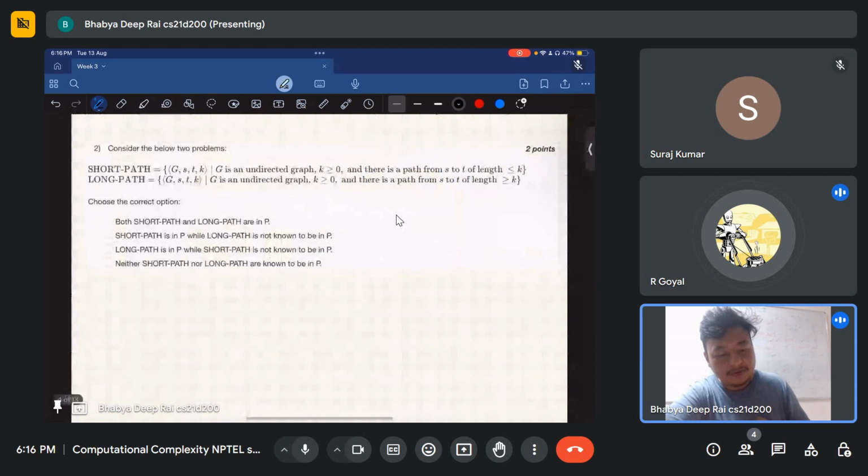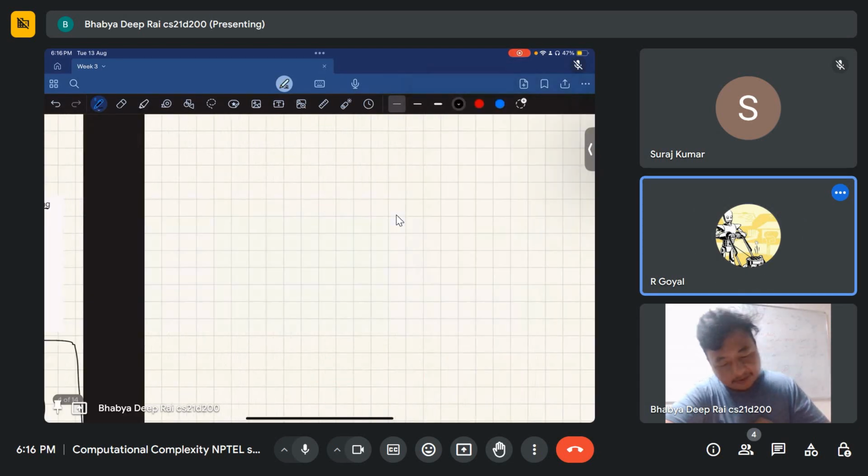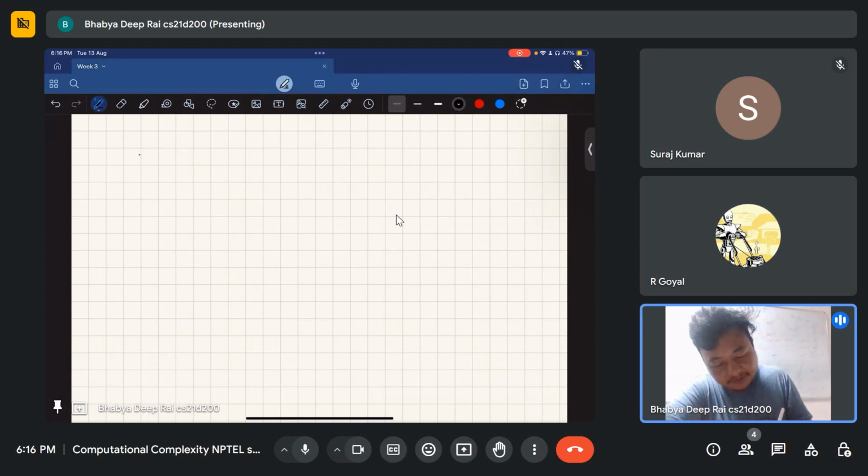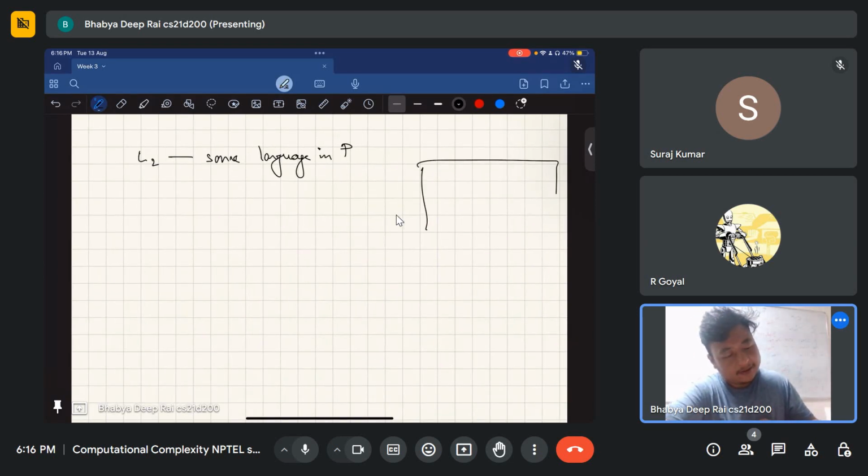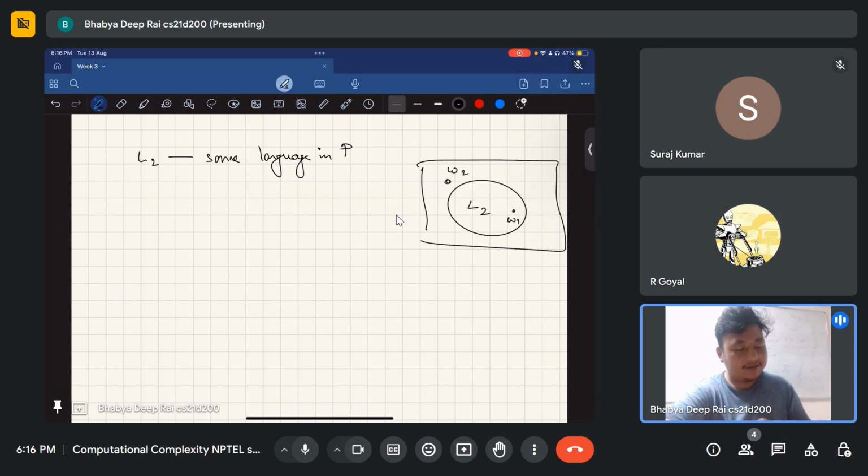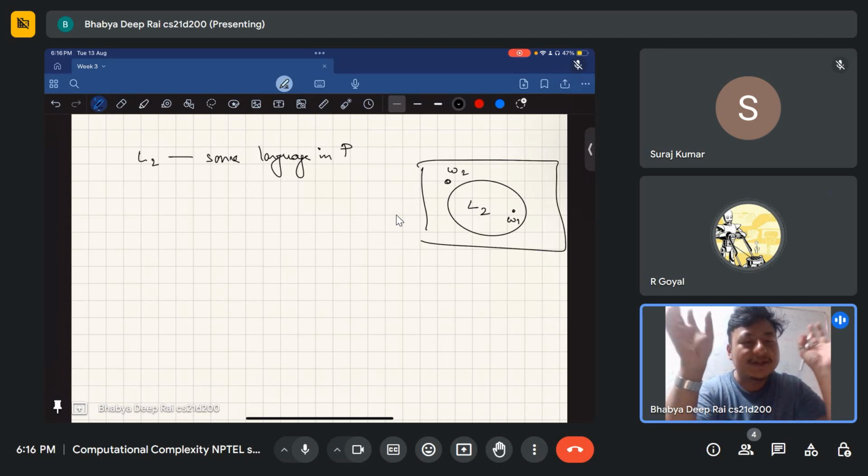So let L2 be any language in P. W1 and W2 are just two constants that I identified such that W2 is outside L2 and W1 is inside L2. These are constants, I've fixed them already. They are hard coded into my machine's description, so I don't need to worry about finding W1 and W2. They are guaranteed for me.